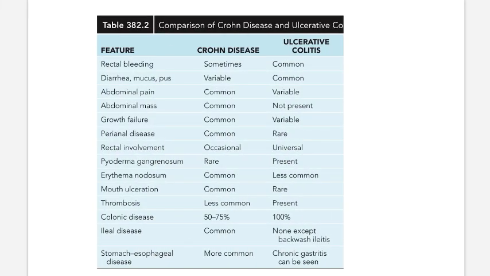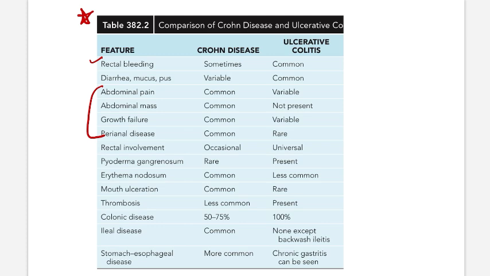Just look at this table. This table shows the difference between Crohn's disease and ulcerative colitis, and this is very important. Abdominal pain, abdominal mass, growth failure, and perianal disease are more common in Crohn's disease.